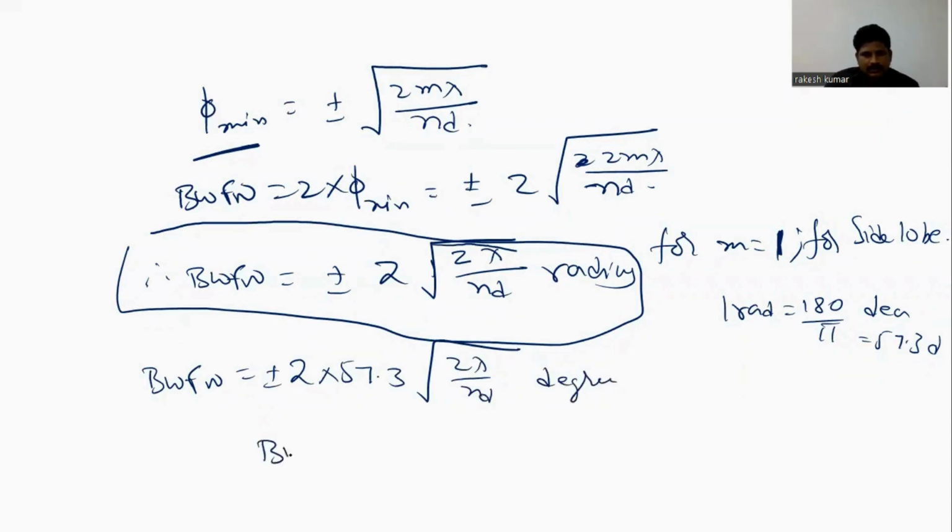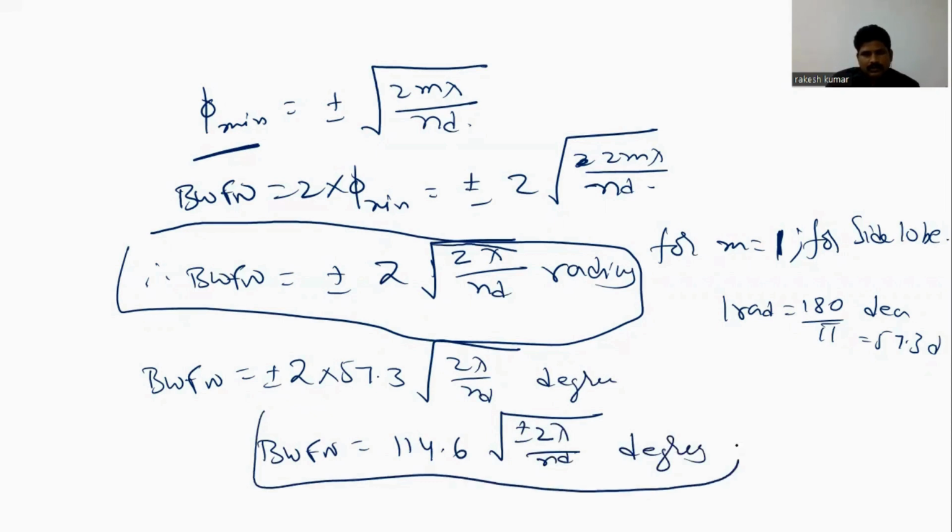So what is its value? It is 114.6 plus or minus root of 2 lambda by nd degrees. This is in terms of radians and this is in terms of degrees.